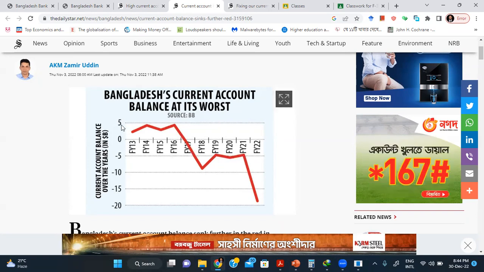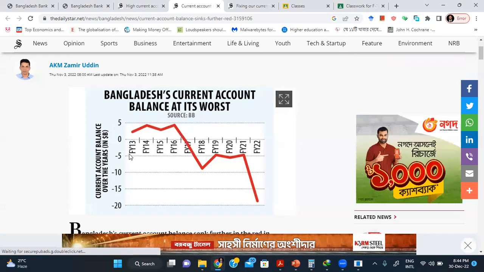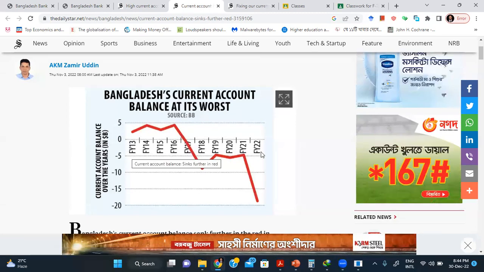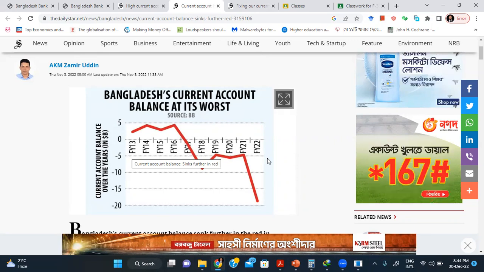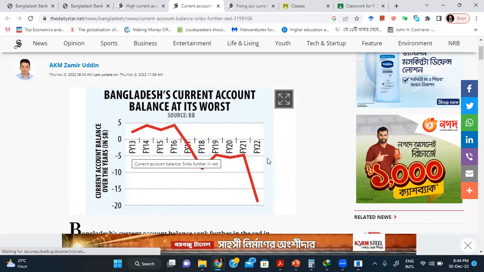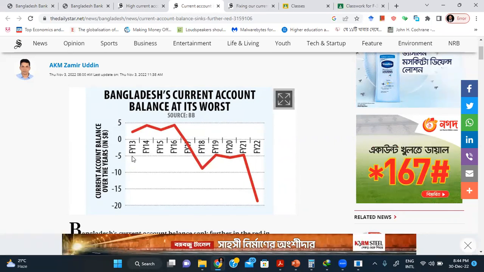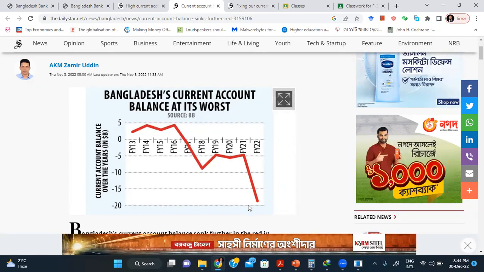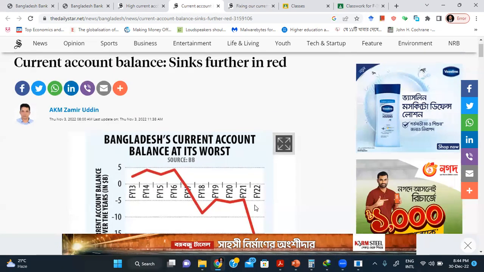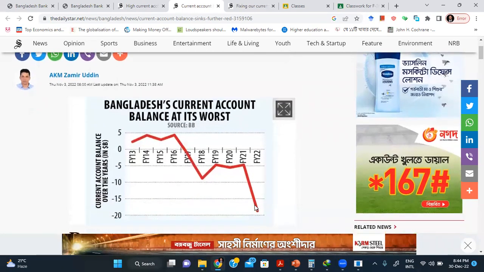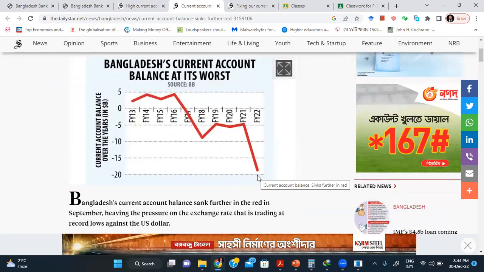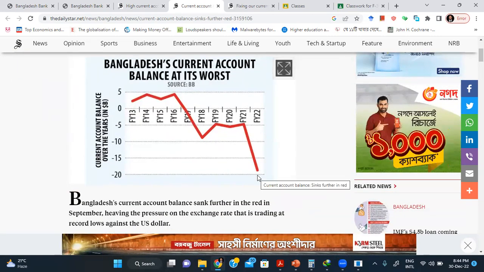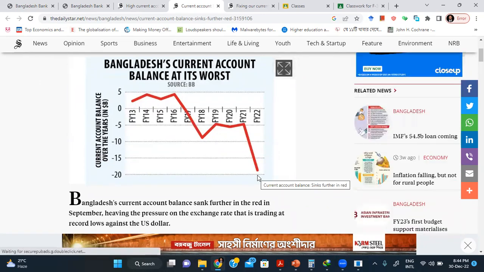But if you just look at the current account balance from the year 2013 to the year 2022, you see the sharp fall. The sharp fall is right now in the billions. So right now our current account balance is close to a $20 billion deficit.